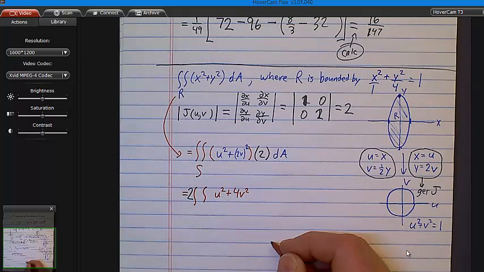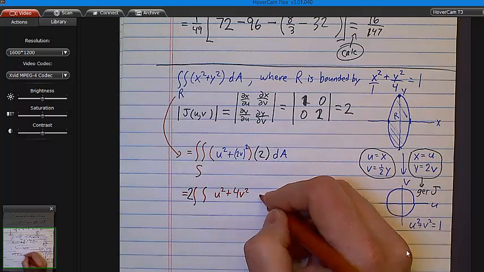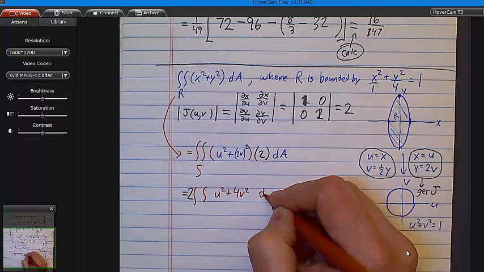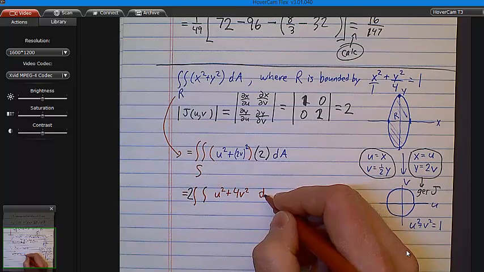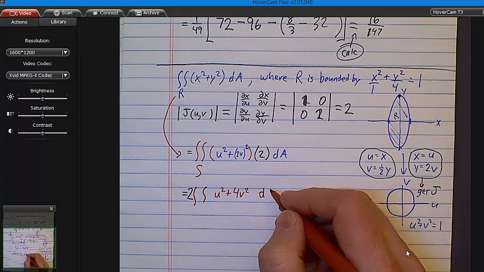Which way, du dv or dv du? Doesn't matter to me. Oh, wait a minute. I don't want to do du dv or dv du.